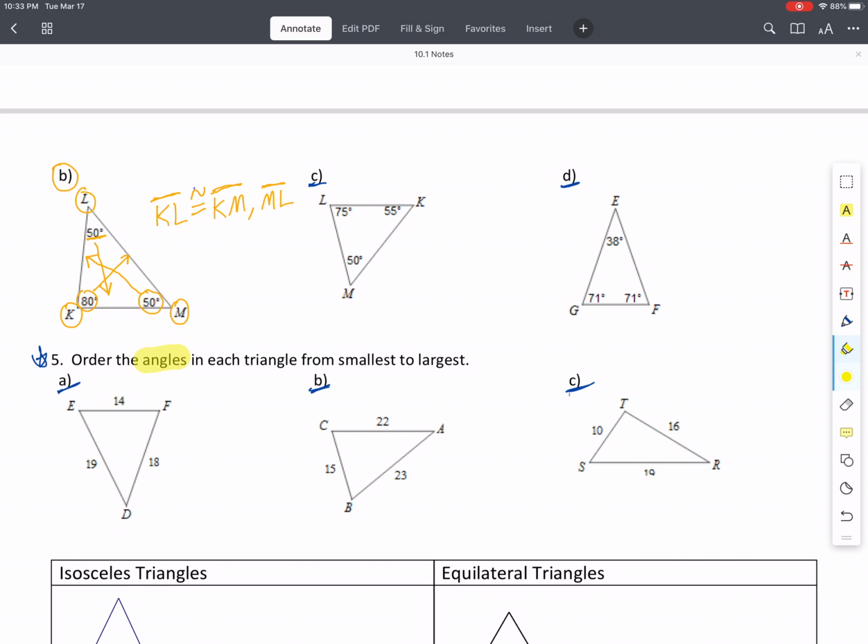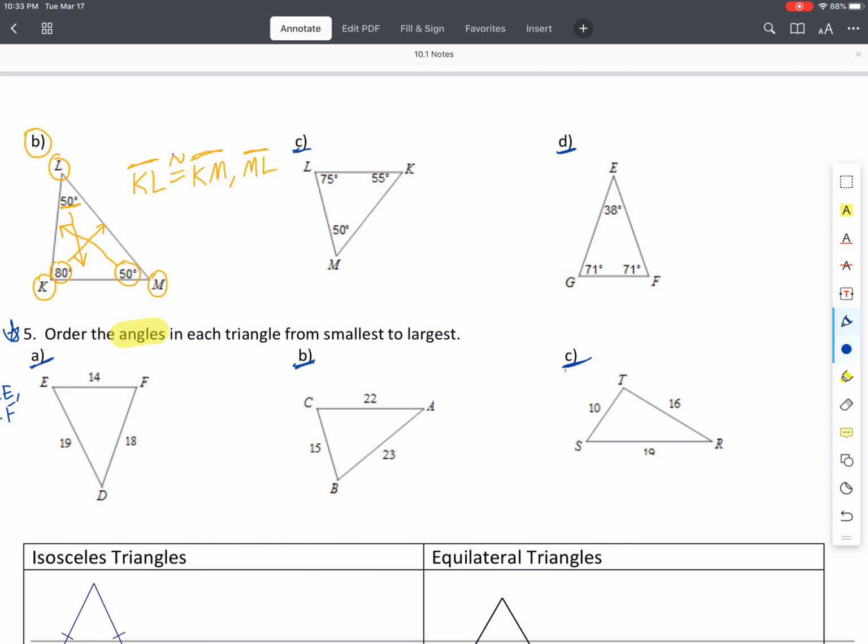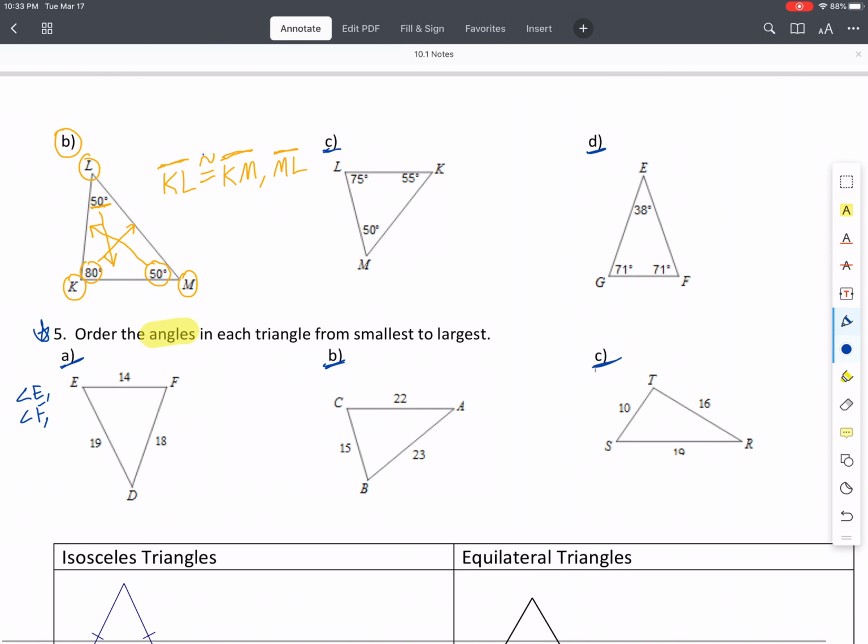So the way we would write that, we'd use the same sort of concept, except for example here we'd say angle E, angle F, and angle D. So we'd want to order those ones. So go ahead and give that a try, and then check out the next video.